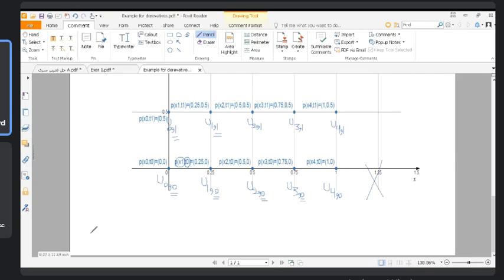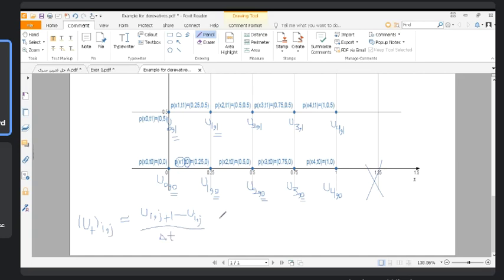Okay. For this formula, we have u respect t at i and j is approximate to u at i and j plus 1 minus u at i and j over delta t.